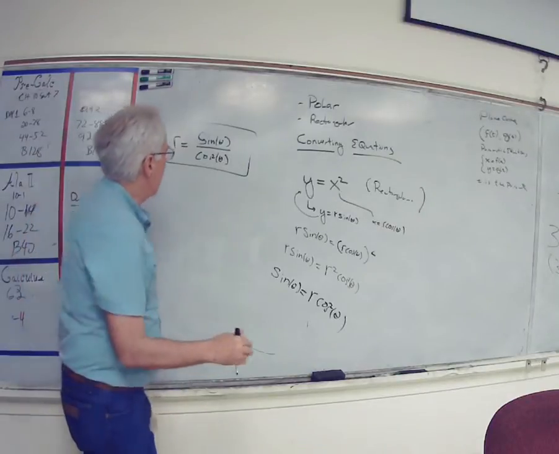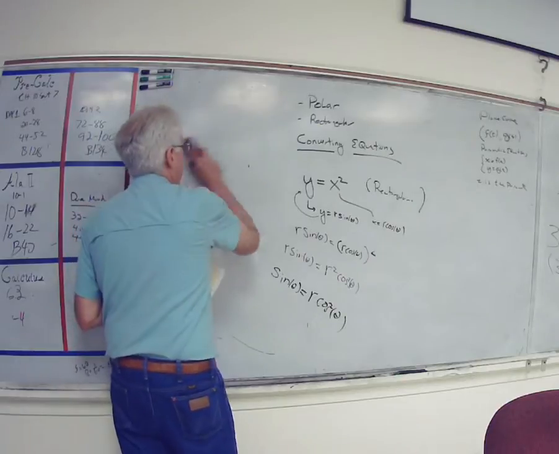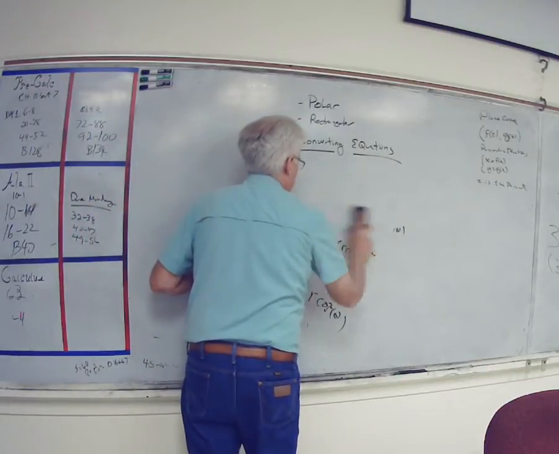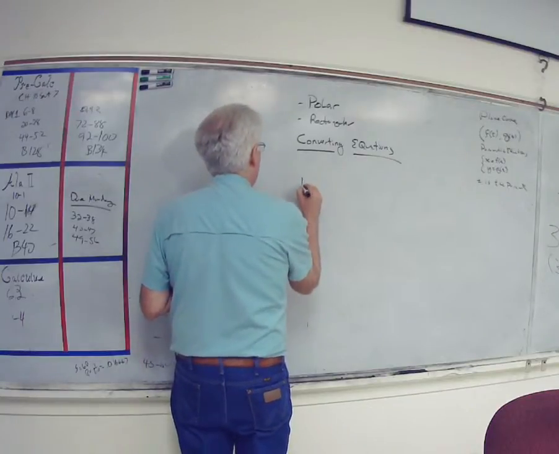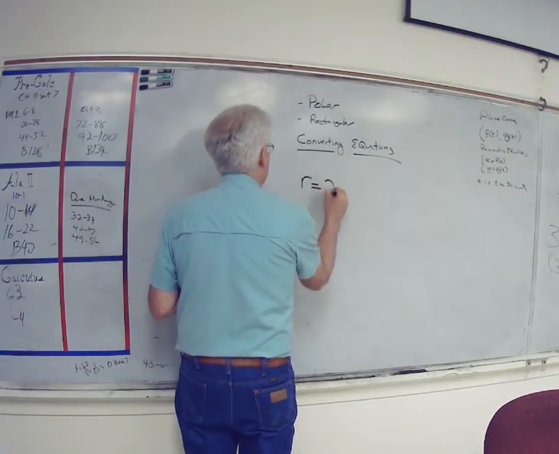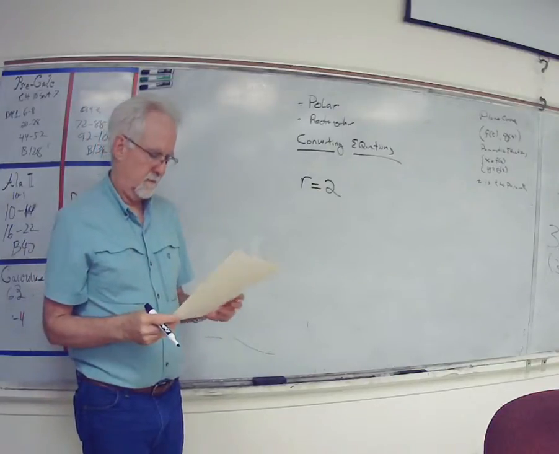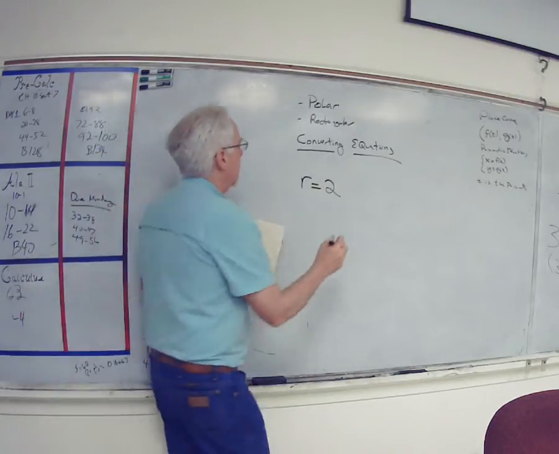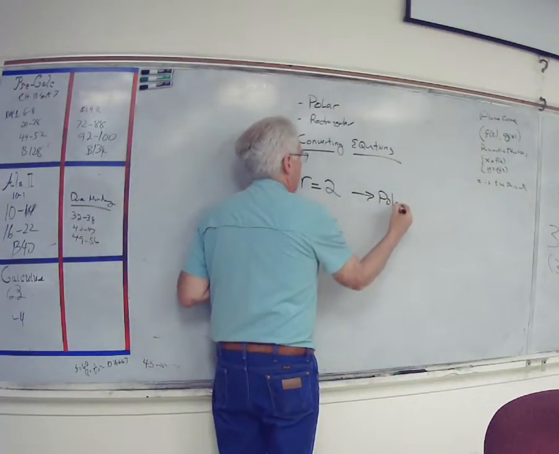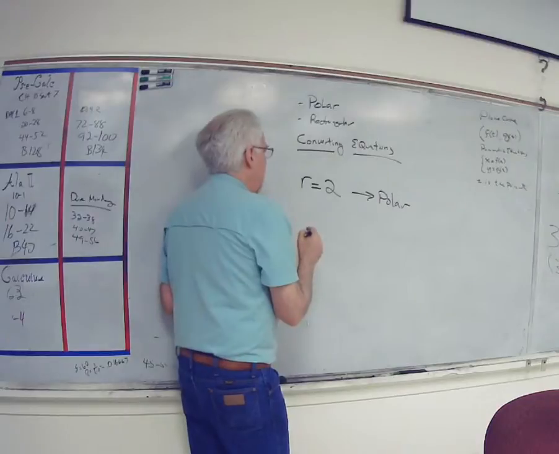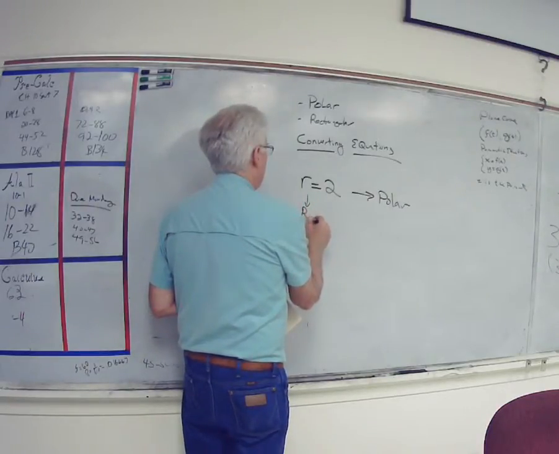Okay. Now, let's go the other way. What if I said r is equal to 2? This is in polar, and I want to go to rectangular.